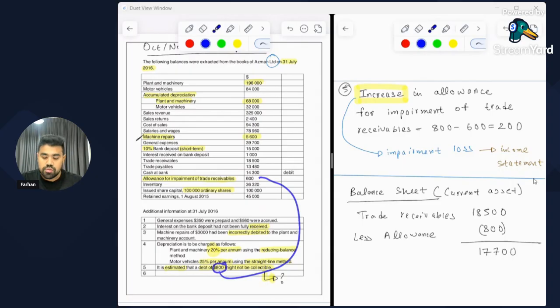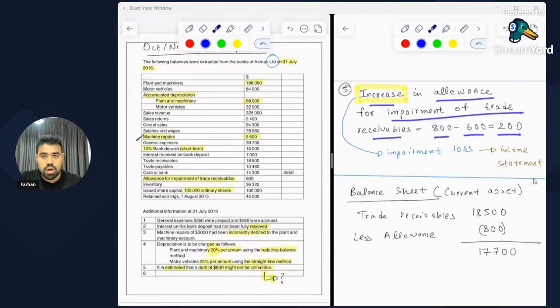Okay? So if you want to find the increase in allowance for impairment of trade receivables, which is simply the difference between 800 and 600, it's 200. And this increase in allowance for impairment of trade receivables is what we classify as an impairment loss, okay? And this is to be reported in the income statement.